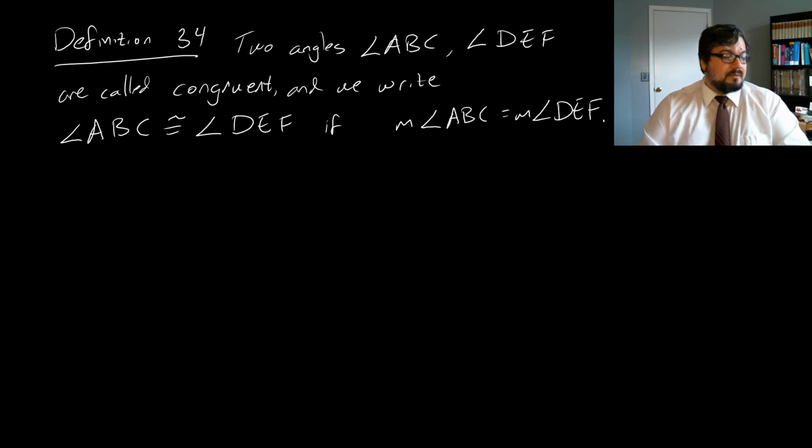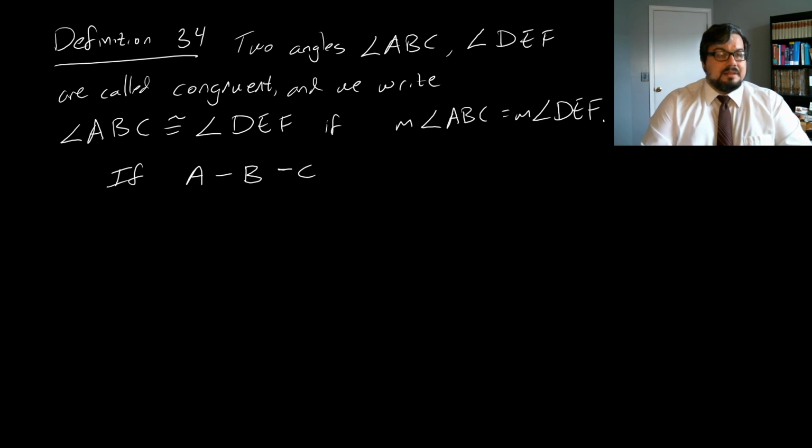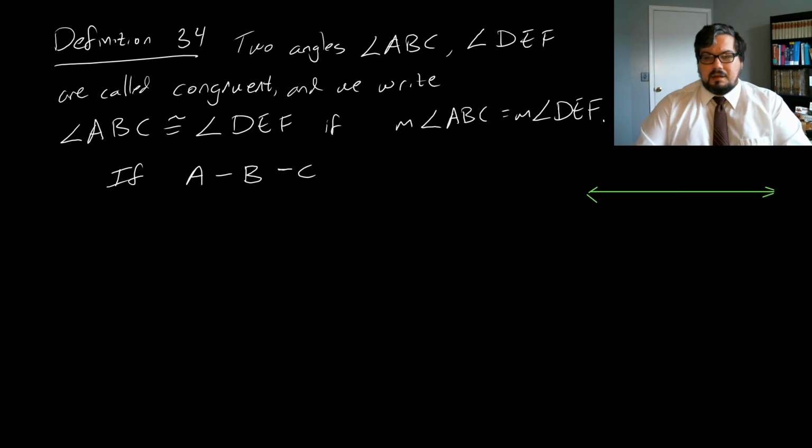And then continuing the definition, if B is between A and C, that is, we're looking at the following type of situation. We've got a line, and we've got points A, B, and C on it.